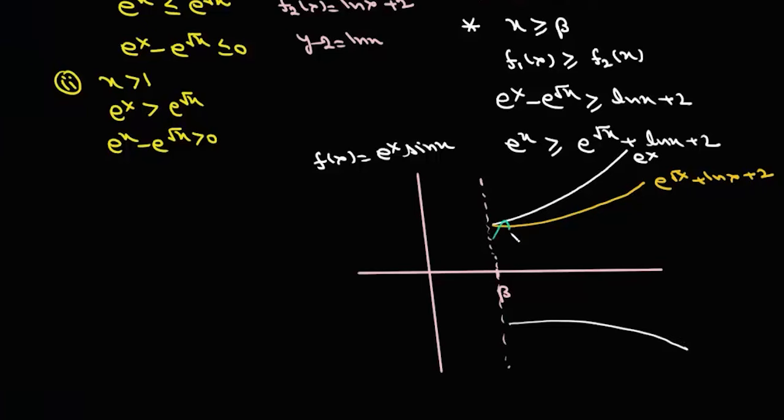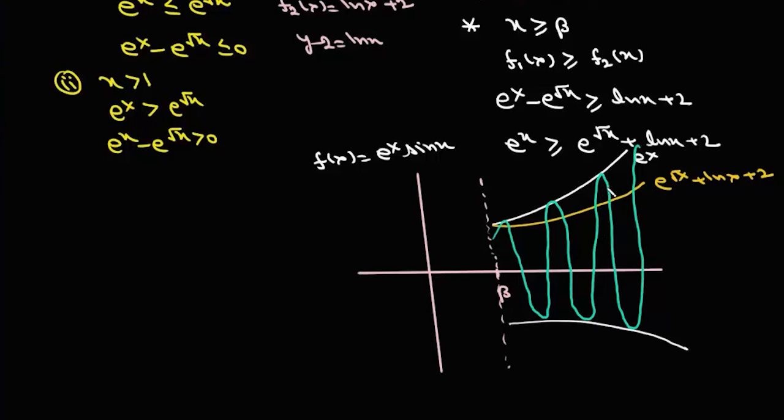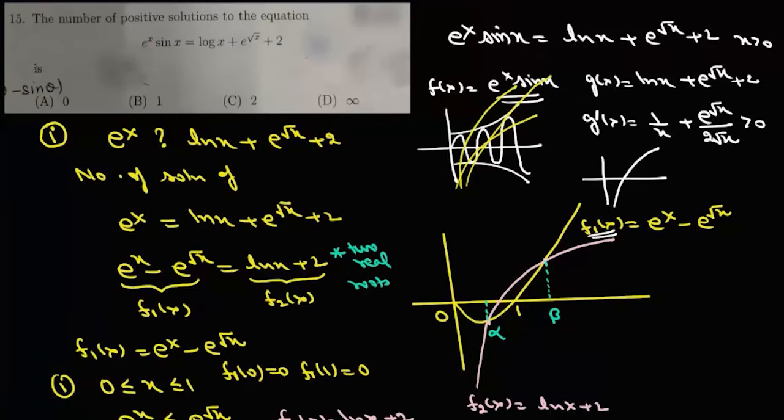I'll take any random phase and then we'll draw the graph of sin x. So every time this graph is going up and coming down, it is going to intersect this other line, which always is going to lie below the graph of e to the power x. So that means this equation f(x) equals g(x) is going to have infinite roots. So basically, the number of positive solutions to this equation is infinite, and that's your option D.